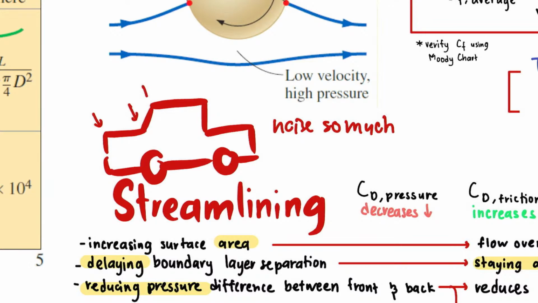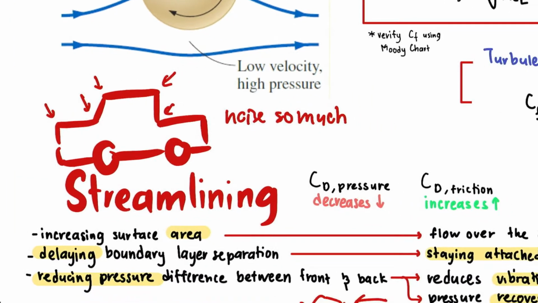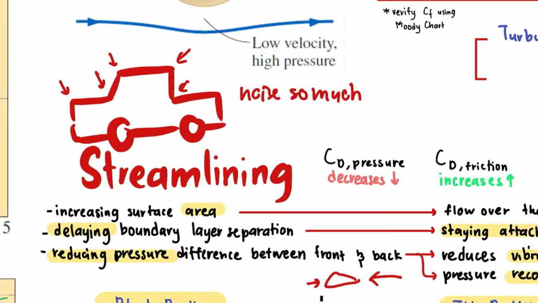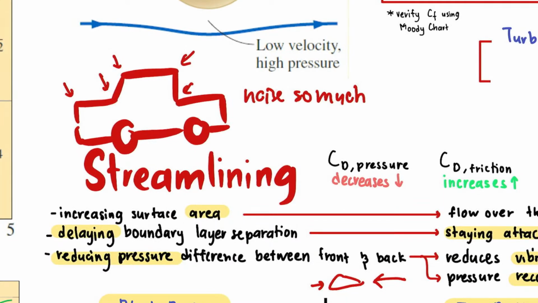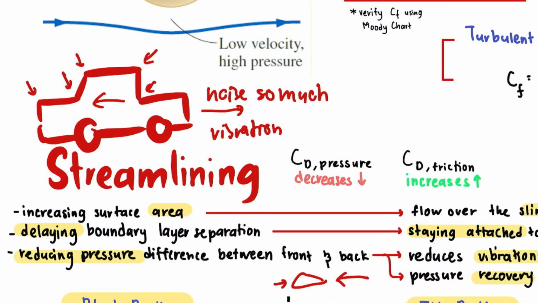There is so much of, what do you call this? Flow separation. Something like that lah. When you drive the truck very fast, it will produce a lot of noise, and also sometimes it will introduce a lot of vibration because it is not streamlined.